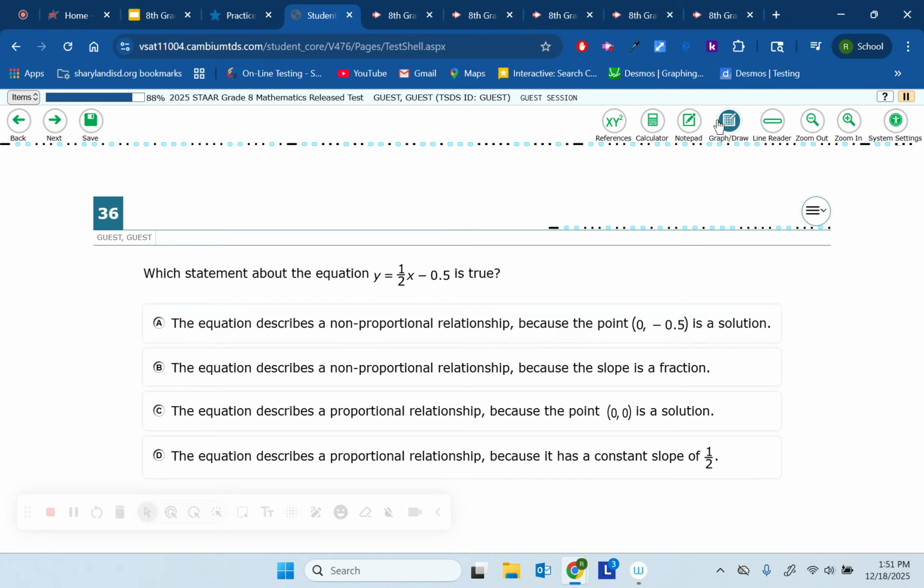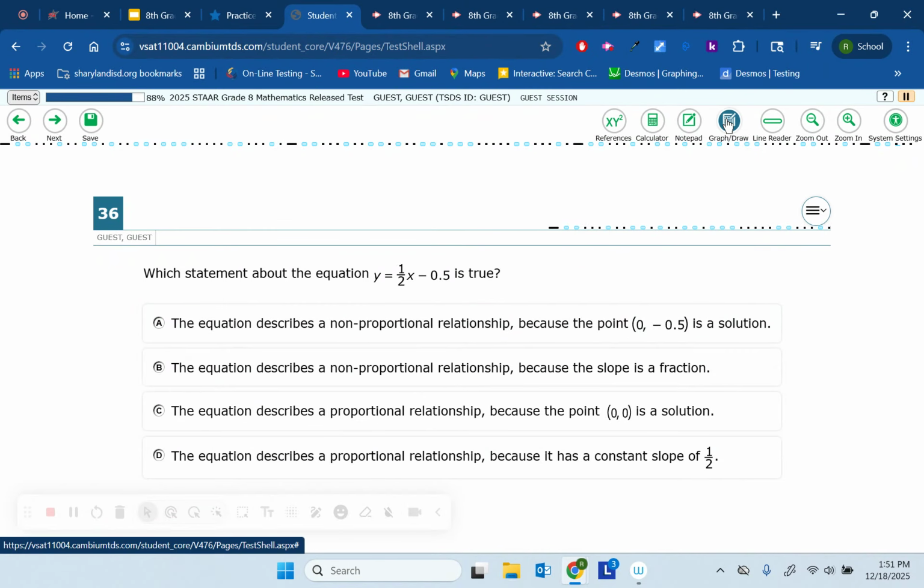Okay, so let's see here. And the slope is a fraction? No. 0 is a solution. So I'm a little confused on this one, simply because of the wording, a solution. 0.5.